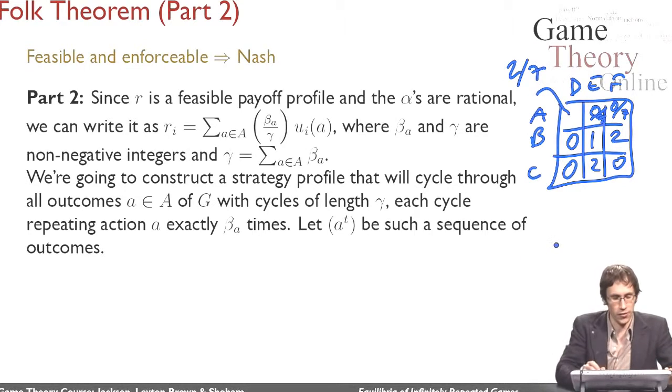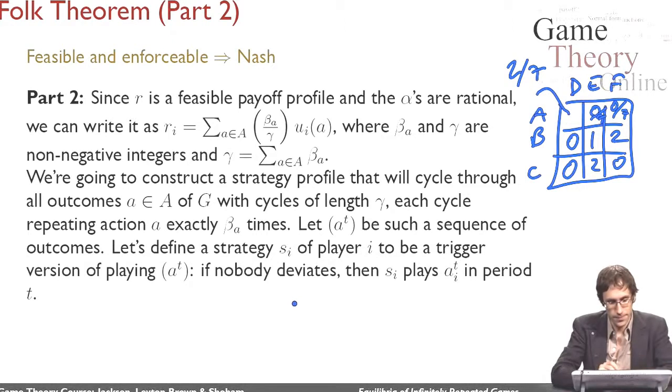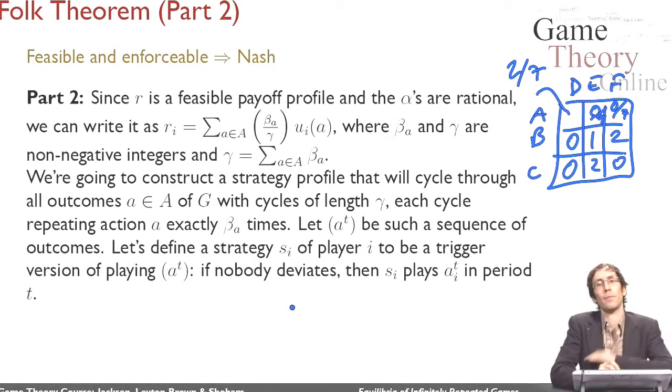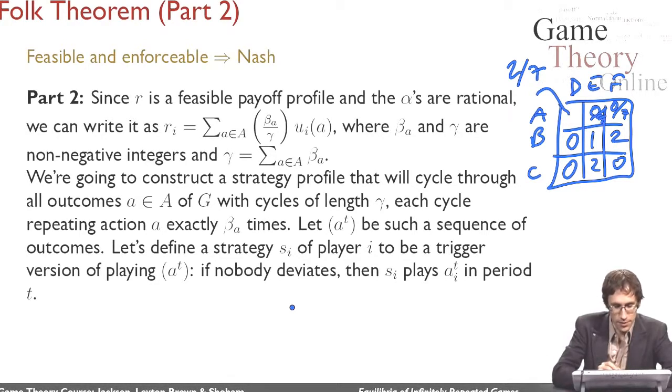And let's denote such a sequence A to the T. Now, let me make the real strategies for the players that I'm going to claim are in equilibrium here. Let's define a strategy Si of player i to be a trigger version of this strategy.